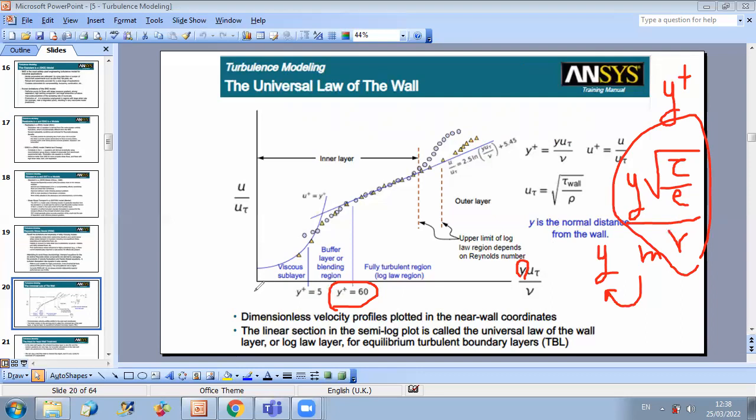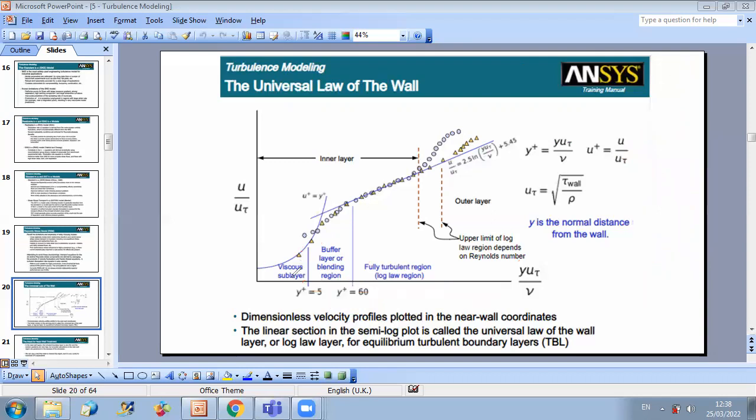As I go far from the wall, I can identify different regions: the viscous sublayer region, the buffer layer or blending region, and the fully turbulent region. And we'll see from our experiment that the viscous sublayer region is limited to y plus values below 5.